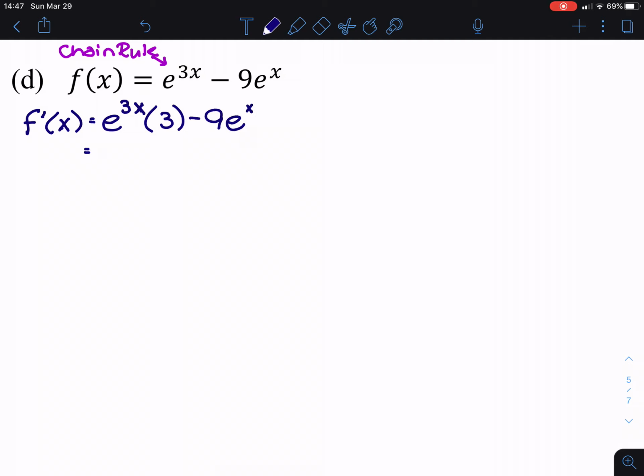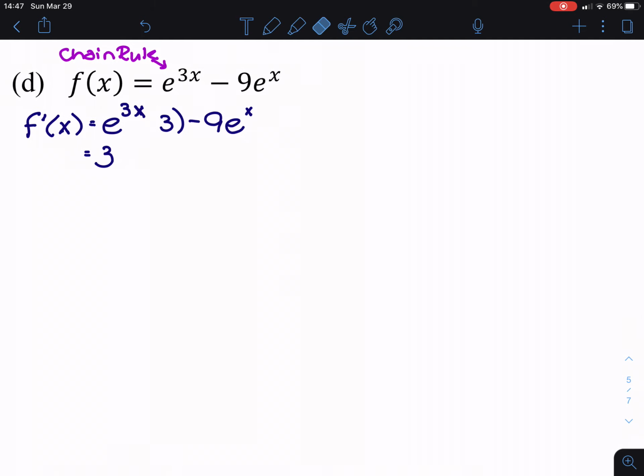So the first derivative is 3e to the 3x minus 9e to the x.